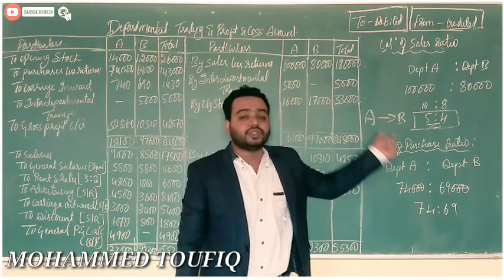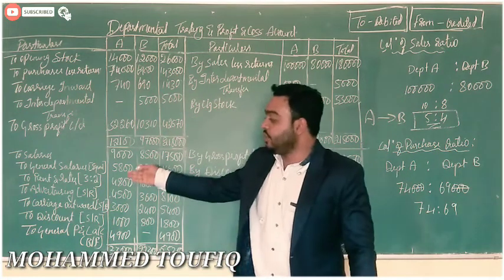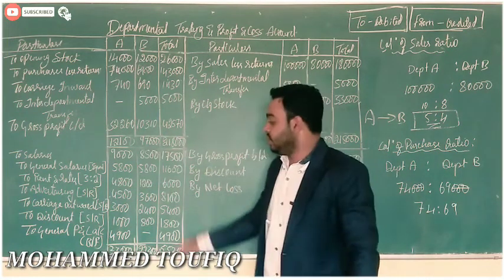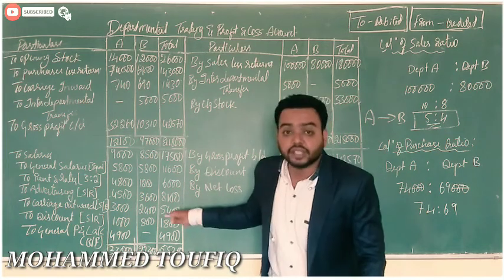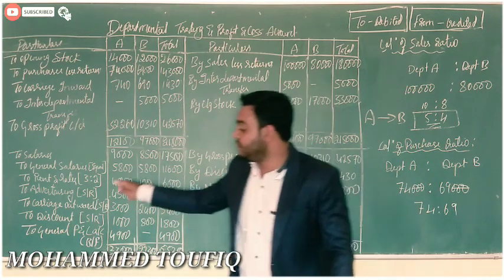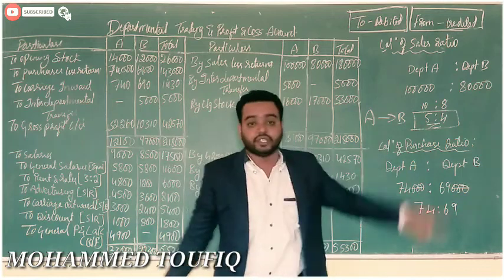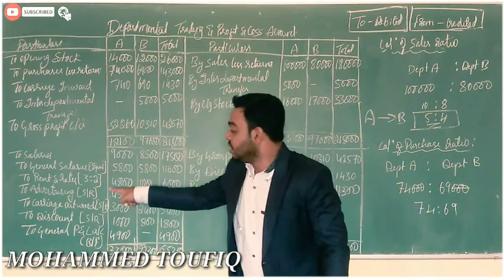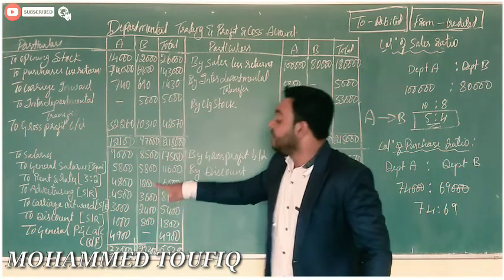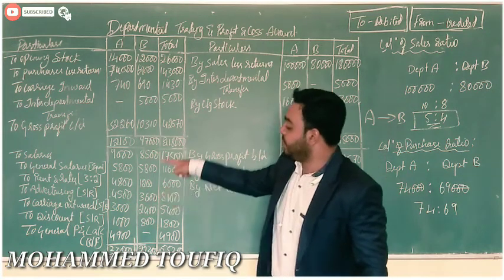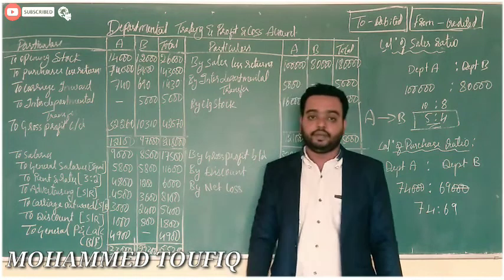On the basis of this 5:4, you will distribute the advertising expenses. The total given amount in the question is 8,100, and this 8,100 is distributed on the basis of sales ratio 5:4. This is how you will get the advertising expense for department A as 4,500. The advertisement expense of department B is 3,600.